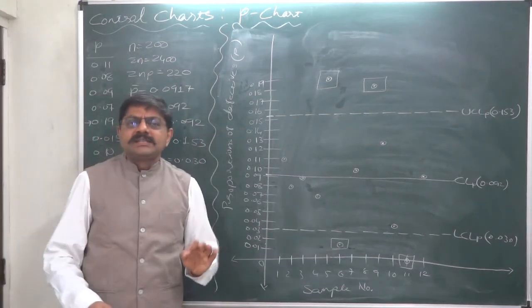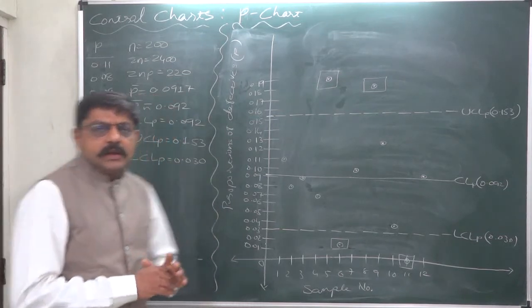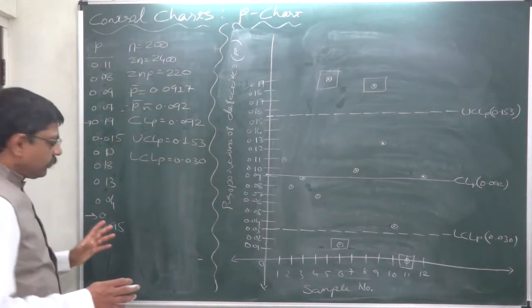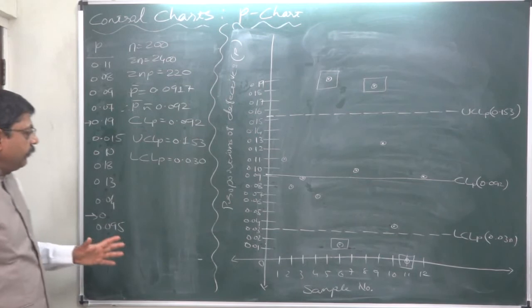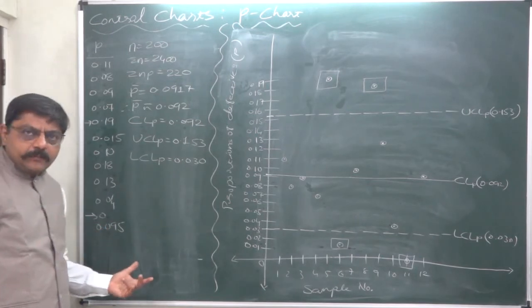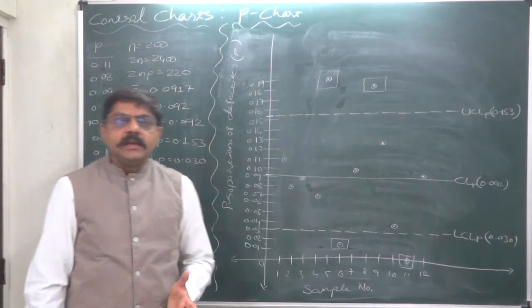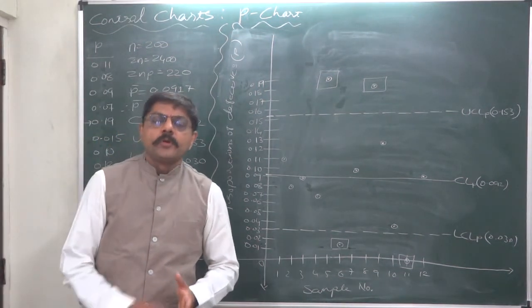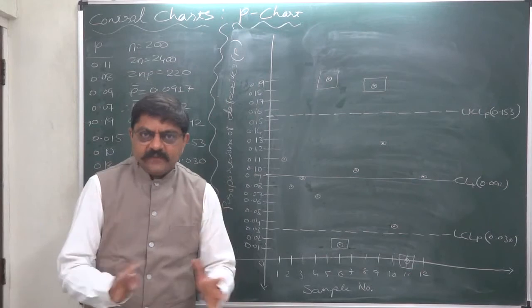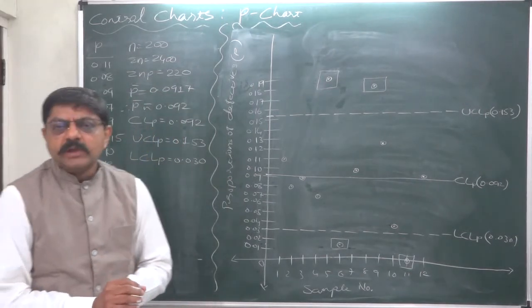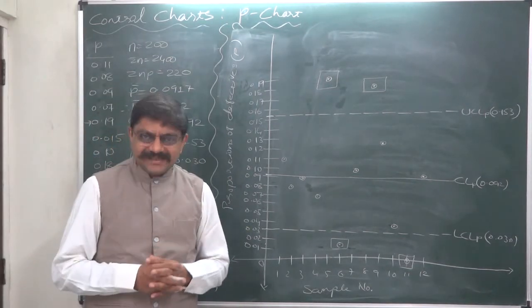We ought to be stringent because from a very large population of the production, we have selected only 12 samples of size 200, and on the basis of that we need to conclude about the whole process for a specific period of time. So we must be stringent.